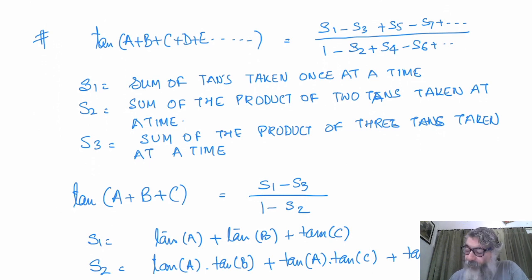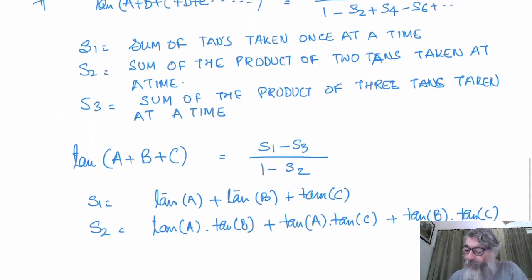There is no possibility of any other, because AB, AC, BC. Anything else will repeat itself. tanA tanB, tanB tanA, one and the same thing. tanA tanC or tanC tanA is the same thing. tanB tanC or tanC tanB will be one and the same thing.